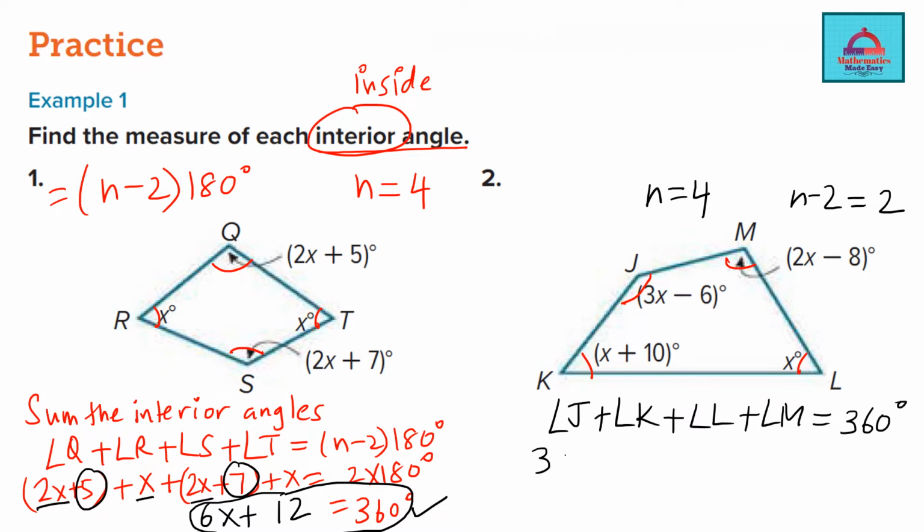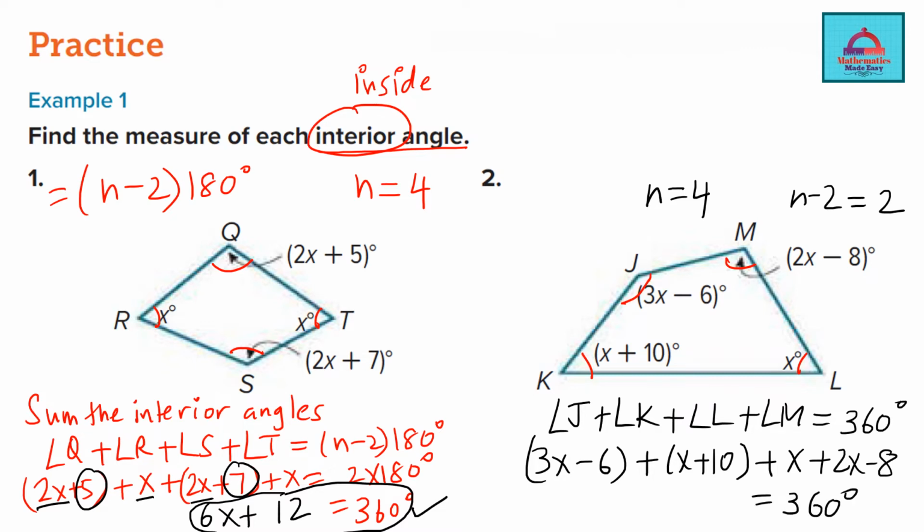So let's put in the values: 3x minus 6 plus x plus 10 plus x plus 2x minus 8. This whole sum is going to be 360 degrees. You can solve this by combining the like terms together and the numbers together. That's how you get the measure of each interior angle of the polygon. So that was a quick recap.